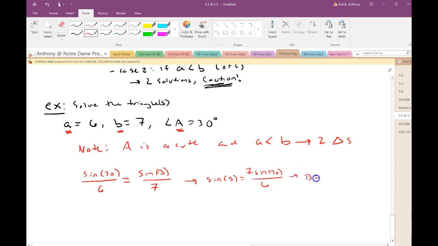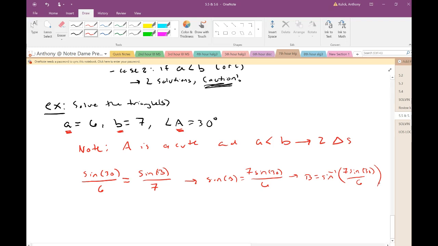And when I do sine inverse of both sides, I have that. Everybody okay to this point? Okay.